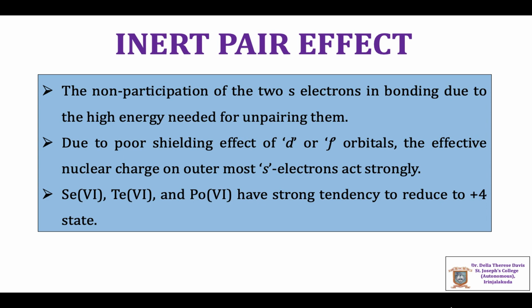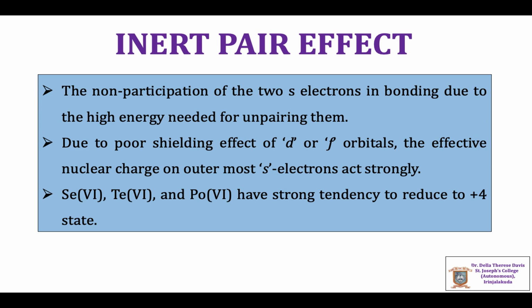We have already discussed the inert pair effect in the case of group 15 elements. The non-participation of the s electrons in bonding due to the high energy needed for unpairing them is called the inert pair effect, and this is due to the poor shielding effect of d and f orbitals, and hence the effective nuclear charge on the outermost s electrons will be greater.